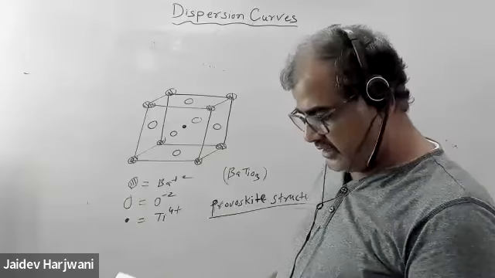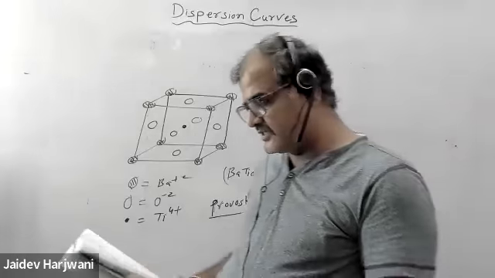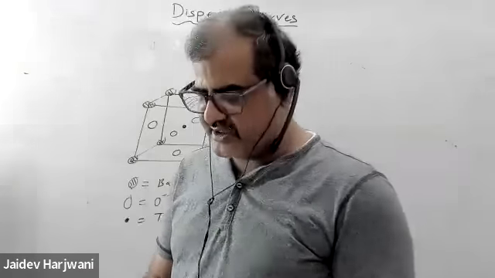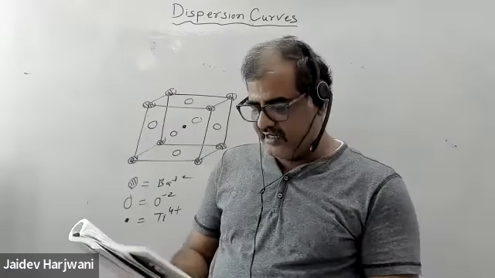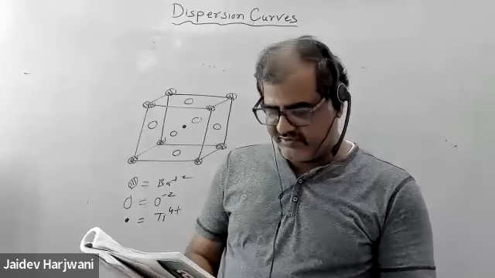What did the question ask? Barium titanate crystal is a cubic perovskite structure, where barium ions are at the vertices, oxygen ions are at the face centers, and titanium is at the center.